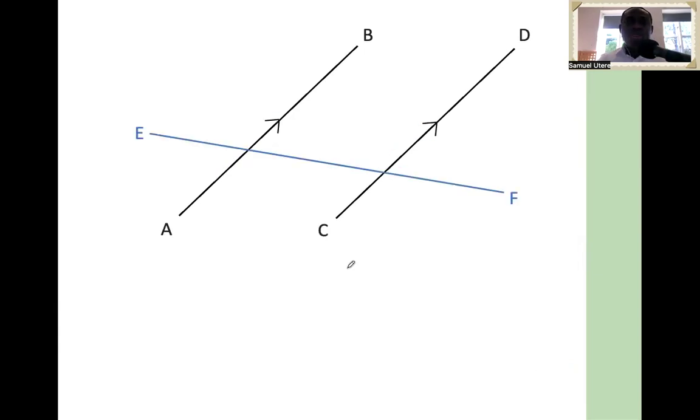Now, if we draw a line like this, do you know what this line is called when we draw a line that cuts through a pair of parallel lines or several pairs of parallel lines? We call that line a transversal. So this is a very important word we're going to be using.